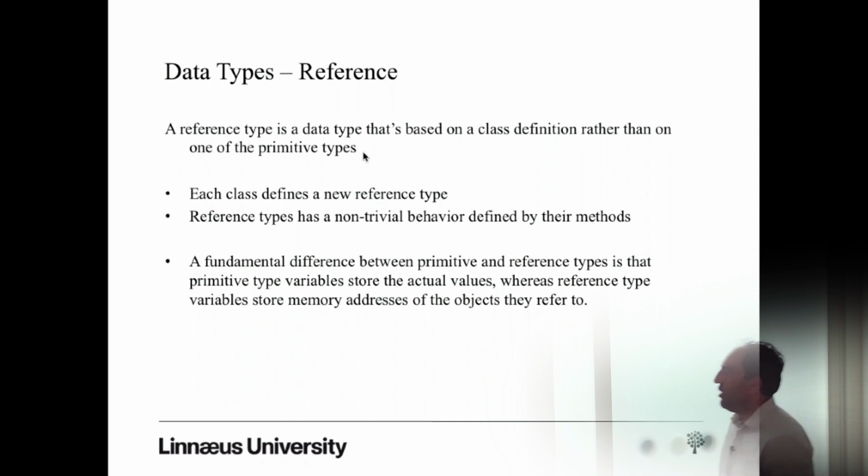So we can say that each class defines a new reference type, and you can use it as a type similar to the primitive types. So if you have defined a class for the student and you want to create an object, you have to define it the same way we defined the integer earlier.